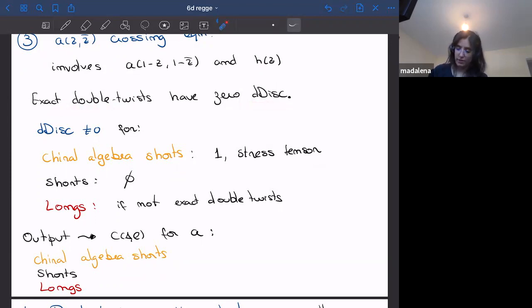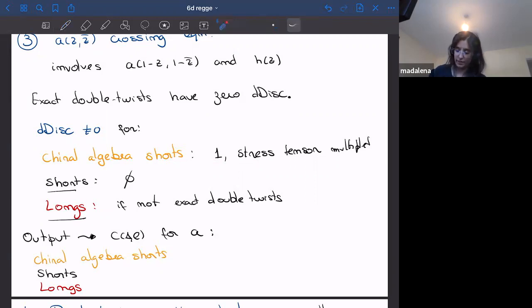So the double discontinuity is only nonzero from the chiral algebra shorts. You only need to know about the identity and the stress tensor supermultiplet, so the whole multiplet. These non-chiral algebra shorts actually don't contribute at all. They all have zero double discontinuity. And then all longs contribute, as is usually the case.